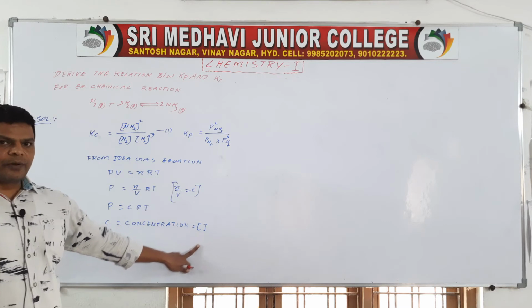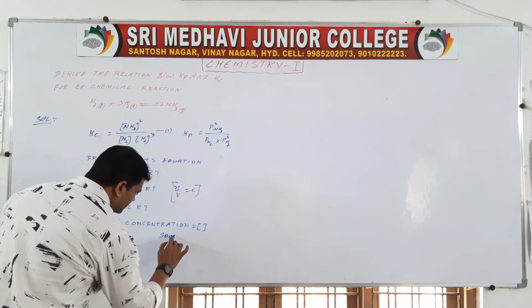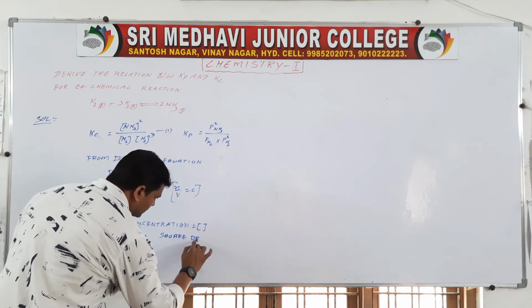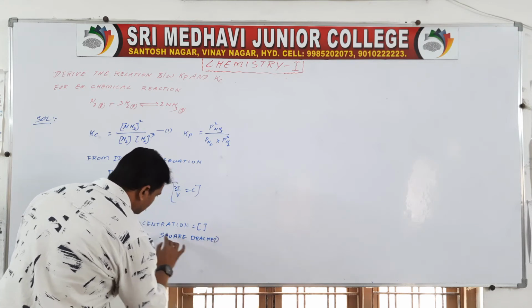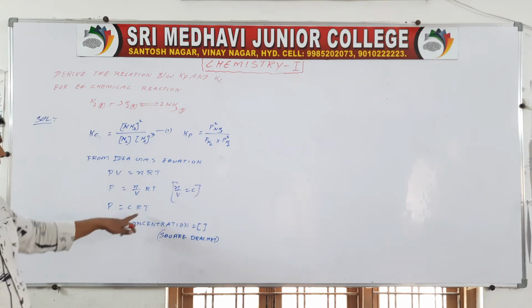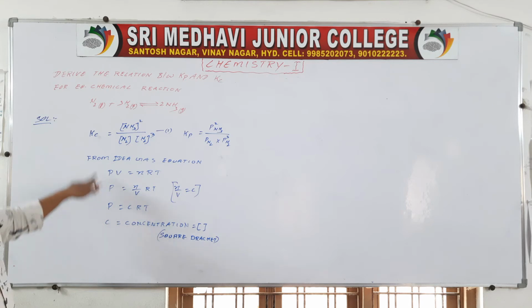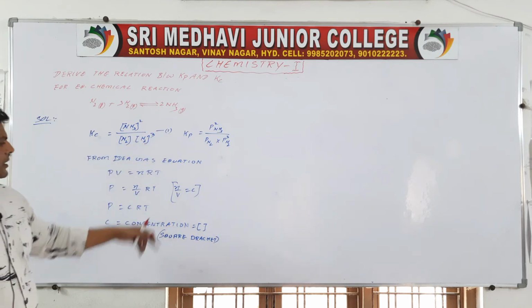So for the Kc and Kp values, I am substituting this: P is nothing but Kp, C is nothing but concentration, RT.